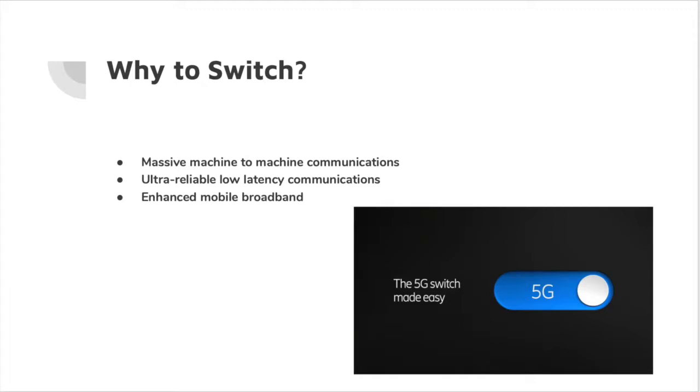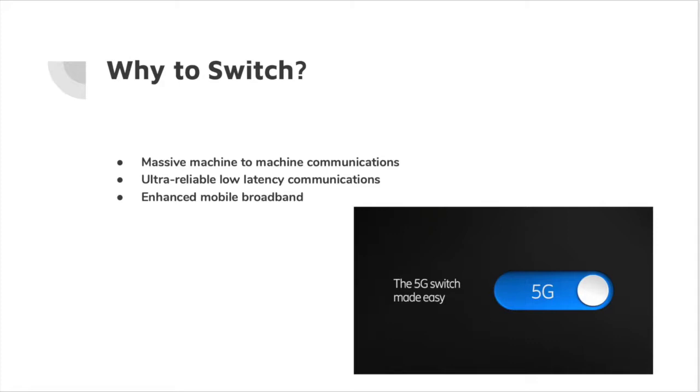Why switch from 4G to 5G? Firstly, because of massive machine to machine communication, which involves connecting billions of devices without human intervention at a scale not seen before. And from class, we learned that machine to machine communication is called IoT. Secondly, ultra reliable low latency communication, which is a new service category in 5G to accommodate emerging services and applications having stringent latency and reliability requirements.